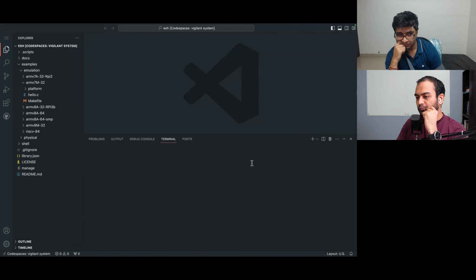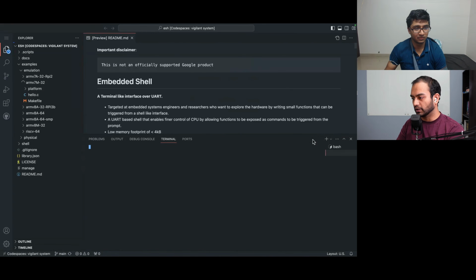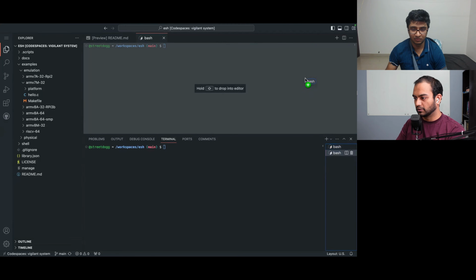Right, so what I'm going to do here is first off, get two terminals. Can I move the terminal here? Nope. Okay, let me create one more and then move that here.